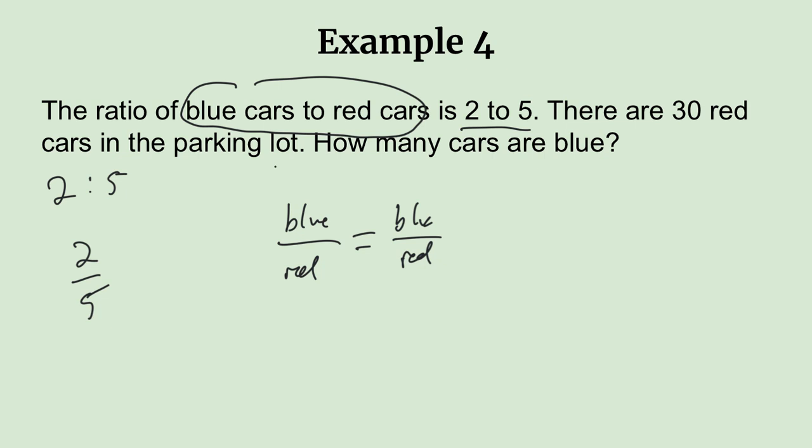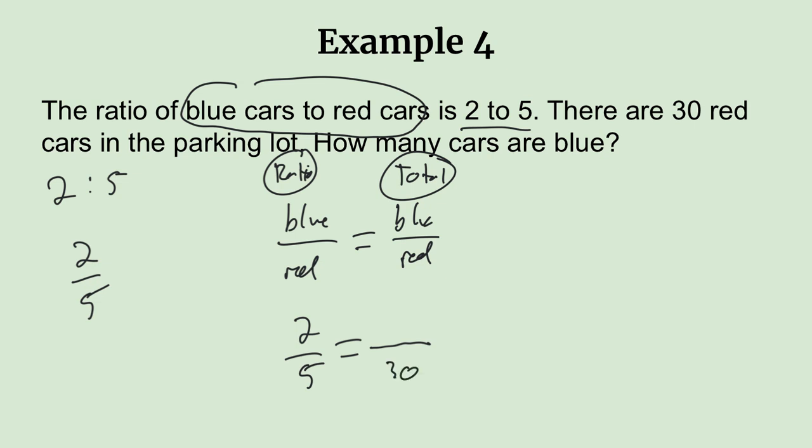Now, this first one is our ratio that we're going to use, the 2 to 5. The second one is using the total number of cars that we know are there. So our ratio is 2 blue to 5 red. And then we know that there are 30 red cars overall. So we're trying to solve for how many blue cars there are.